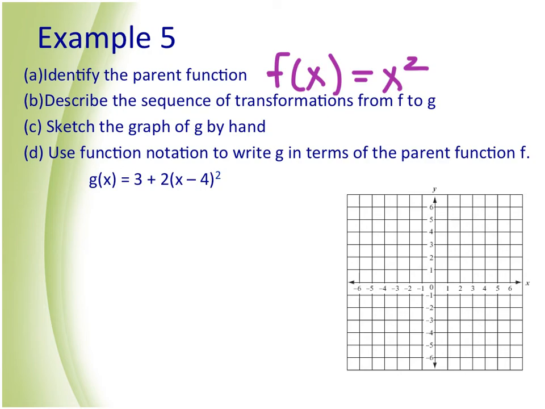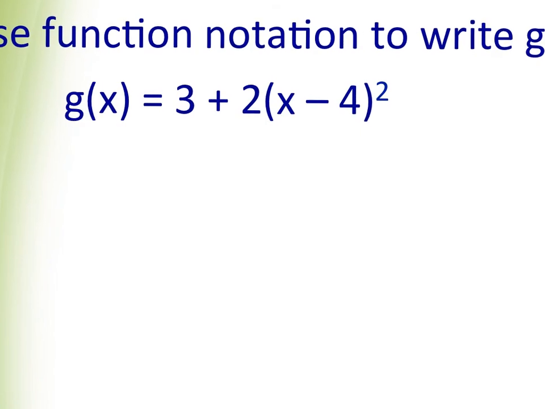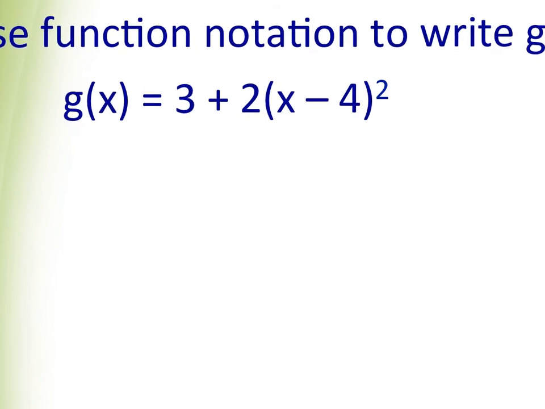B says describe the sequence of transformations from f to g. So let's break this apart. What is the 3 on the front doing? It's shifting it up 3. So this is an up 3. It's separated by a plus or minus sign. That's your vertical shift. It's a positive 3, so it's vertical up.